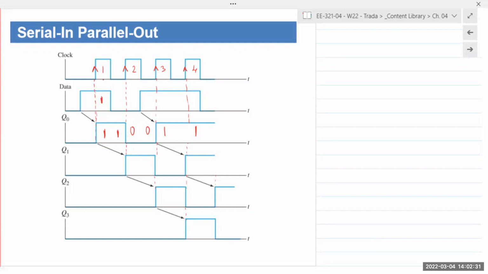But the input is 0 when the transition arrives. So think about this. The input to Q1, Q2, and Q3 is 0. So even though there's a positive transition taking place, the output of Q1, Q2, and Q3 does not change because the inputs for all three of these is 0.